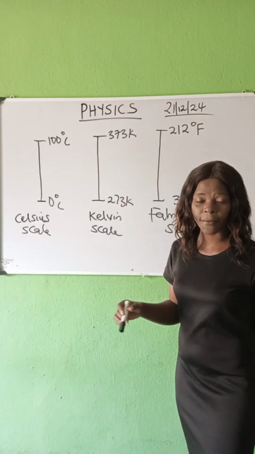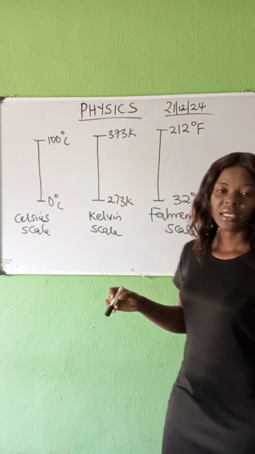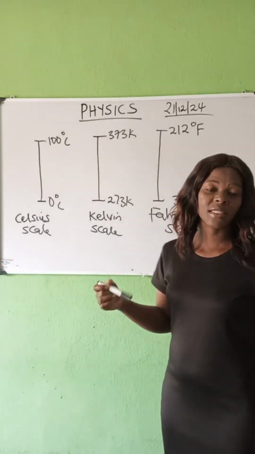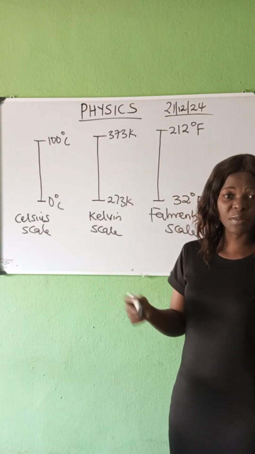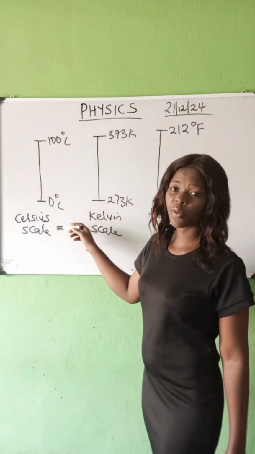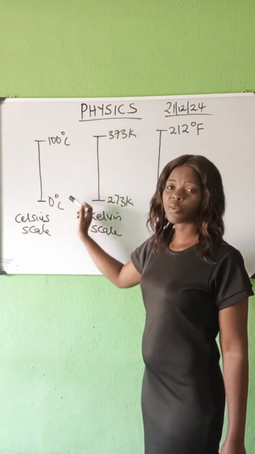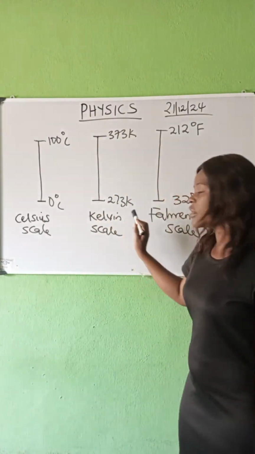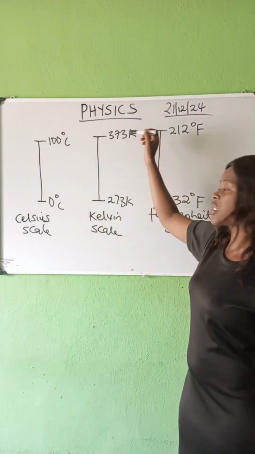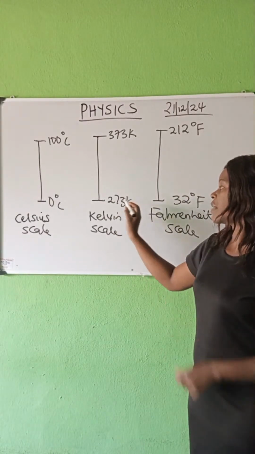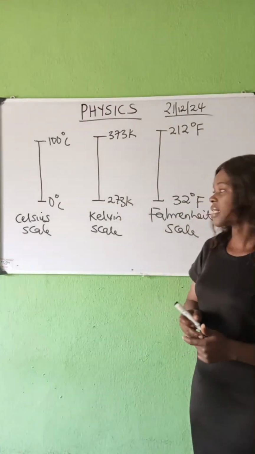I said earlier that the upper fixed point is the temperature of steam from pure water boiling at a standard atmospheric pressure of 760 millimeters of mercury. Now, the upper fixed point for the Celsius scale is 100 degrees Celsius, and the lower fixed point is 0 degrees Celsius. For the Kelvin scale, the upper fixed point is 373 Kelvin, while the lower fixed point is 273 what? Kelvin. Is that clear?